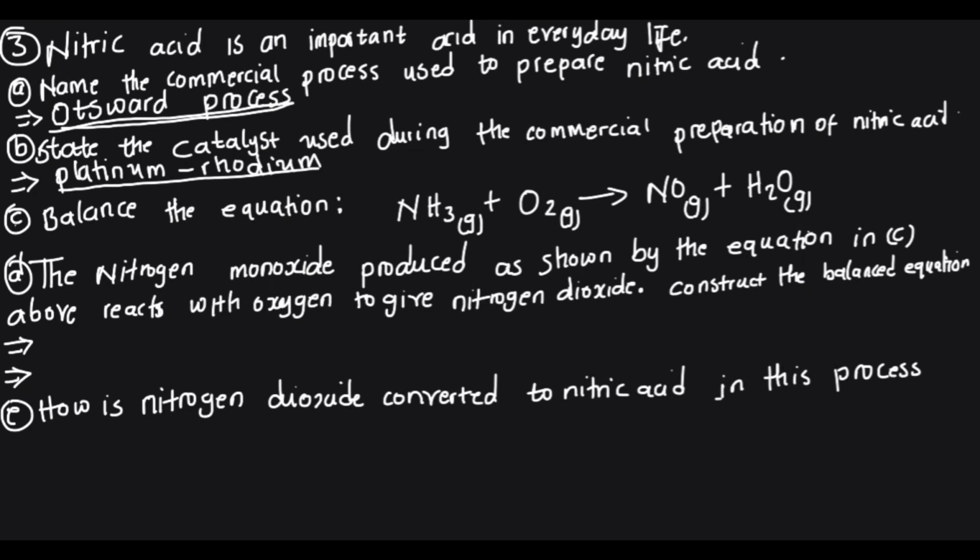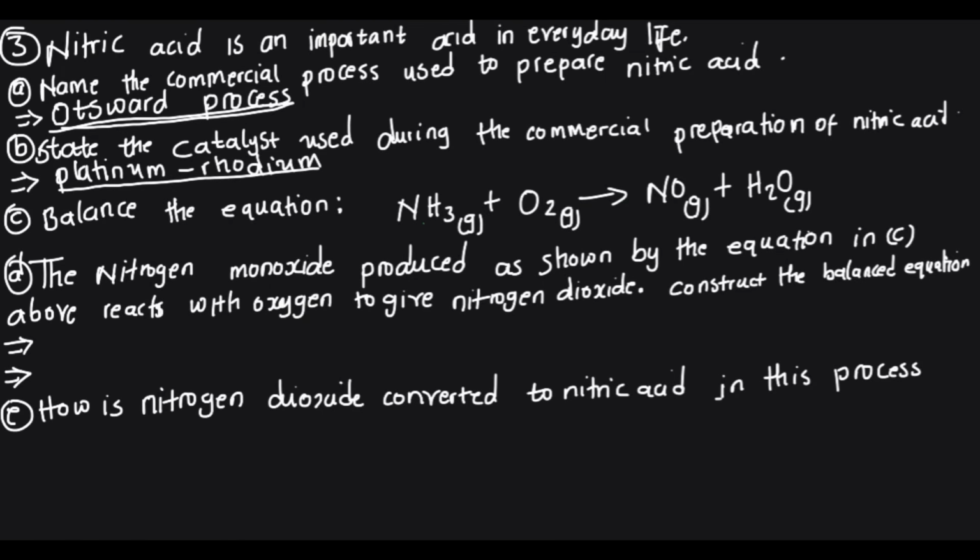Now for question C, we need to balance this equation. So we have ammonia NH3 plus oxygen is equal to nitrogen monoxide plus water. So how can we balance? We can see that nitrogen is okay. Now hydrogen is not okay.